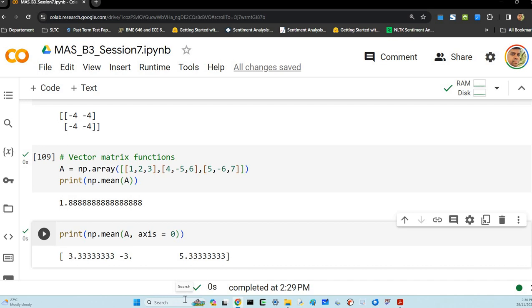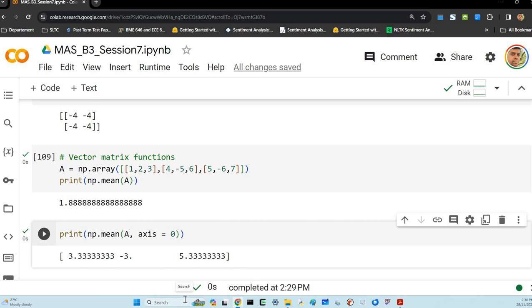Then this one, minus 11, minus 9, divided by 3, minus 3. Then this is 13, 16, divided by 3, 5.33. So this is row wise. Similarly, you can have column wise as well.